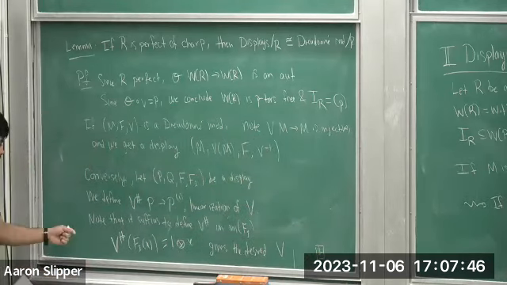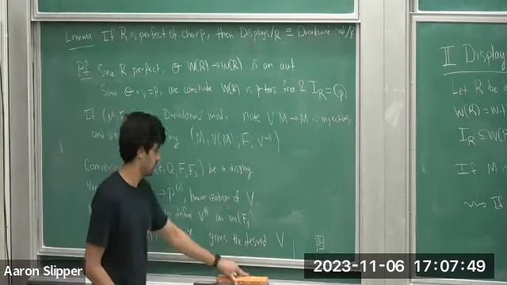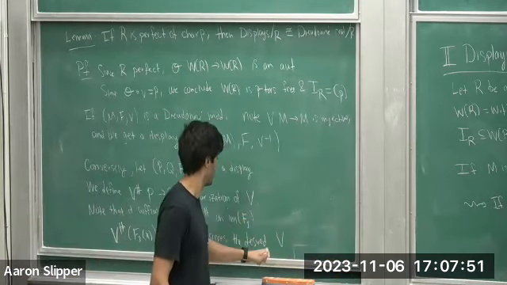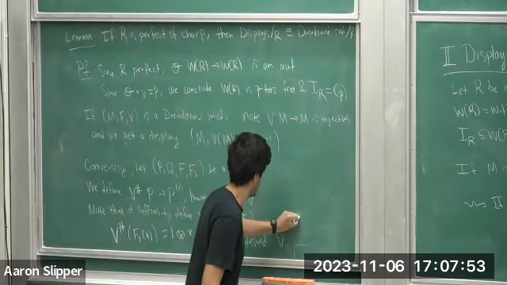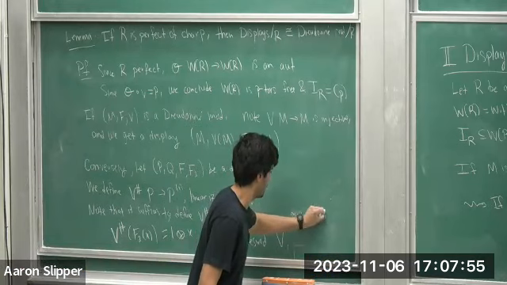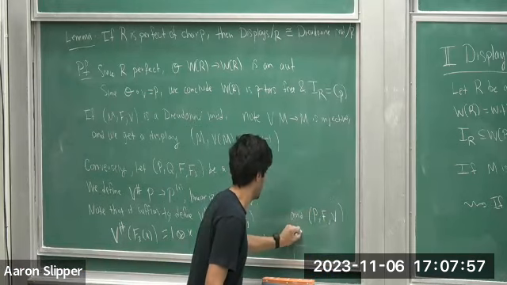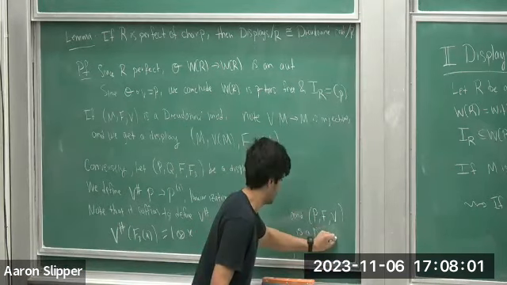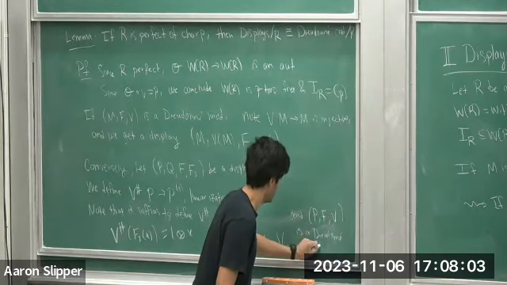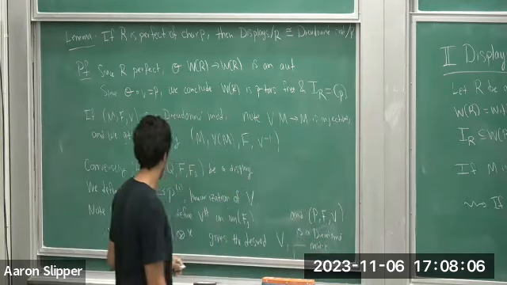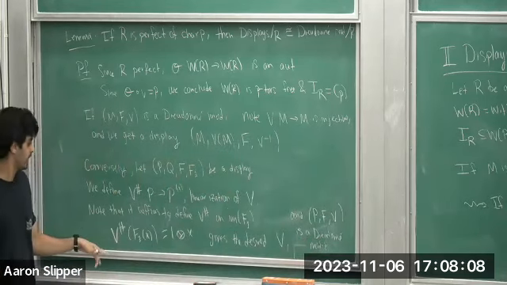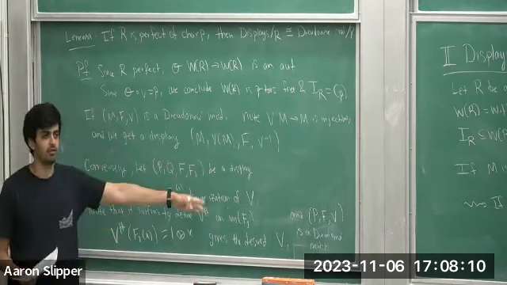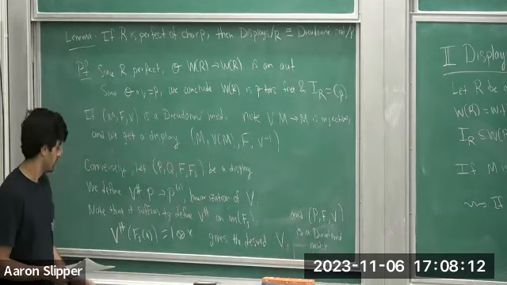So I guess I should write it up. Again, there are some things to check here, namely that FV equals VF equals p.